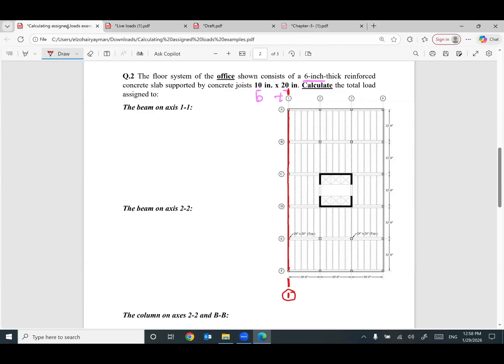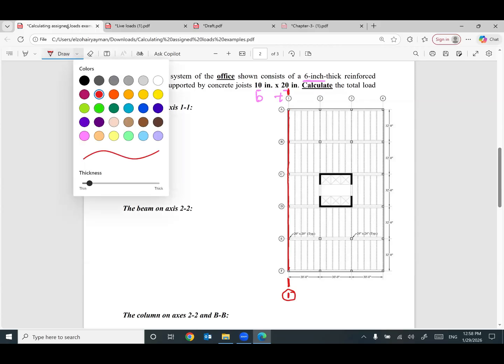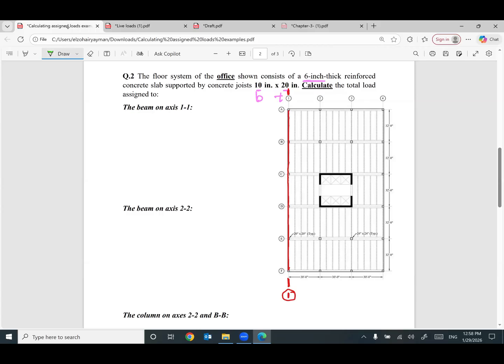That makes sense? This beam has another beam just after, so I will divide the distance in between, center line to center line. So the area assigned to this beam will be this area.